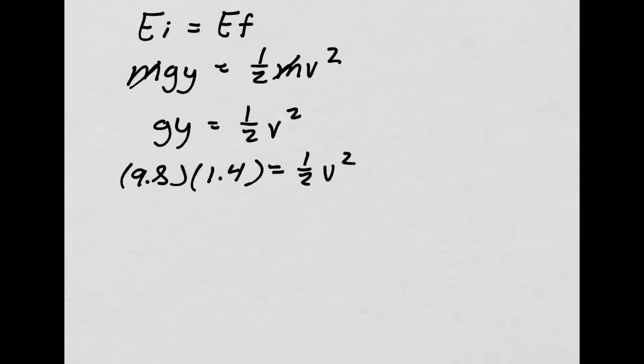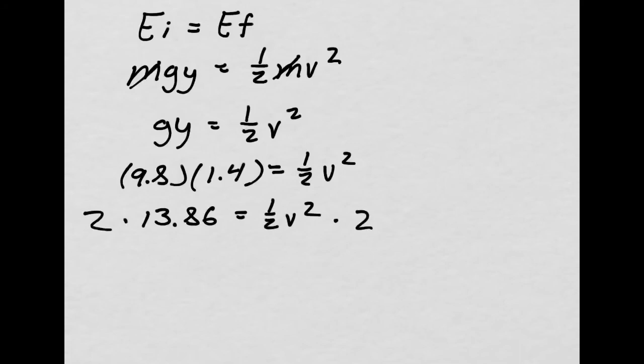So, all right, 1.4 times 9.8 is 13.86, which is equal to 1/2 v squared. So we're going to multiply both sides by 2, so that the 1/2 and the 2 cancel.